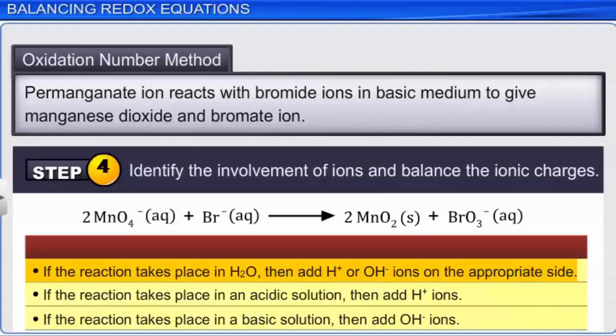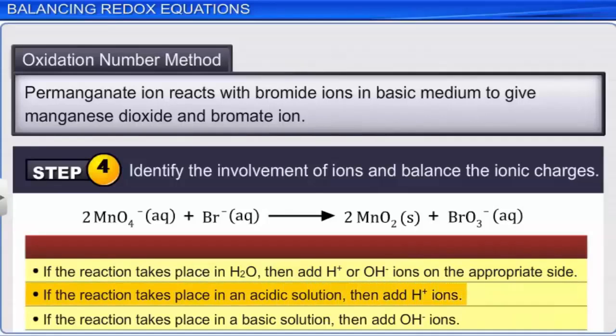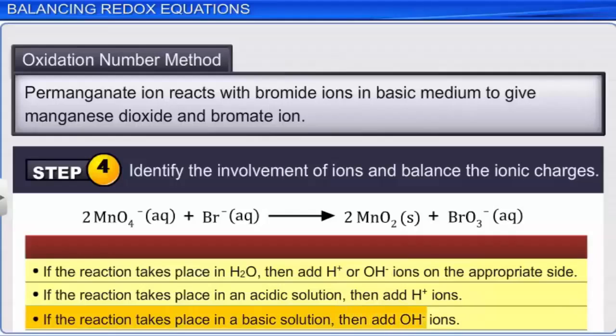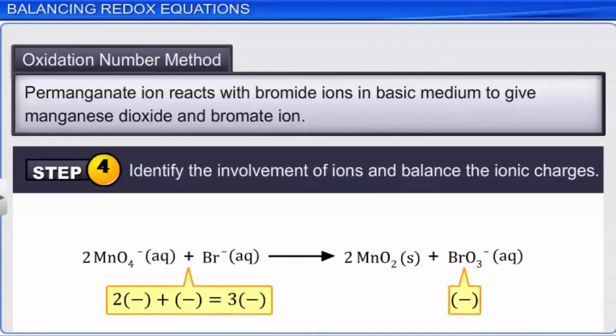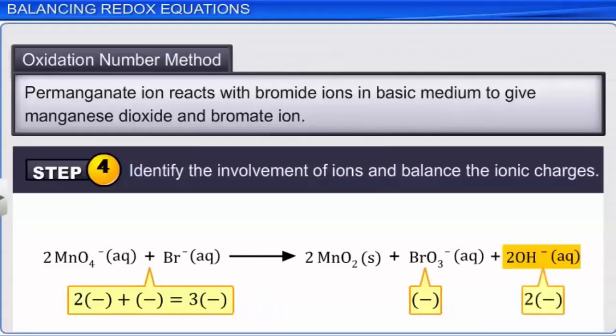If the reaction takes place in an acidic solution, then add H plus ions. If the reaction takes place in a basic solution, then add OH minus ions. As the reaction occurs in the basic medium and the ionic charges are not equal on both sides, we need to add 2 OH minus ions to the right side of the equation, so that the ionic charges are balanced.